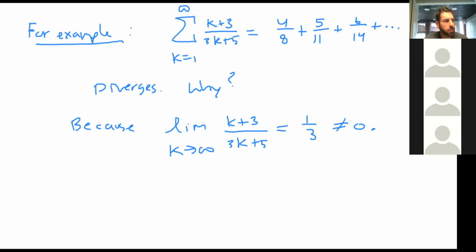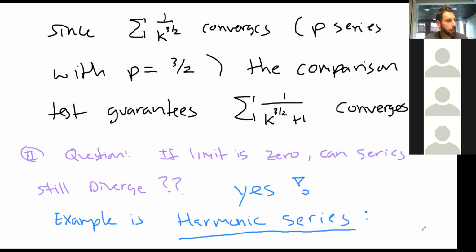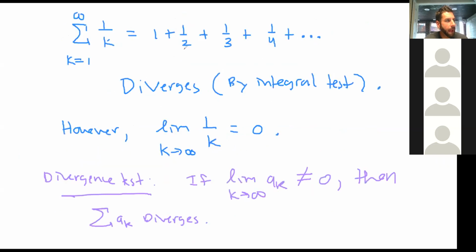When you say 2, do you mean the second one, the one we did just before this one? So you're saying if I take this thing right here, the 1 over k, yeah. So the divergence test doesn't apply. It doesn't work here because it doesn't help you. It doesn't say anything if the limit's 0. It says nothing. It only gives you something if it's not 0.